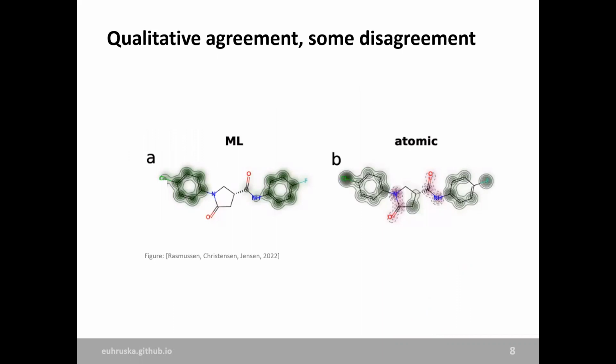One example, just very typical here, is where the green and red parts show different explanation values. And we see that in this preprint, there is similarity that the two rings have higher explanation values, but there's also some quantitative differences.